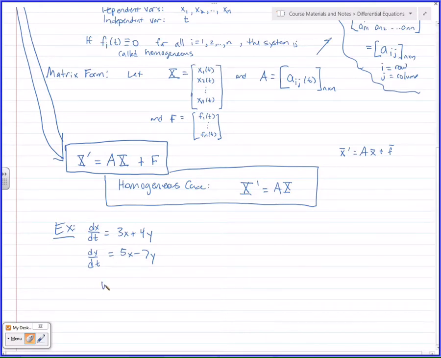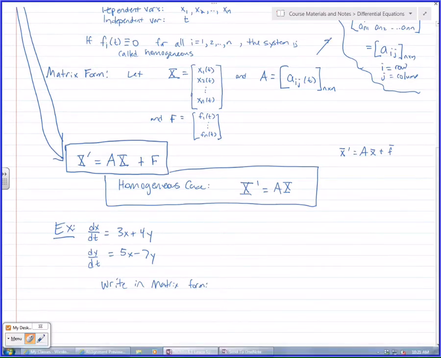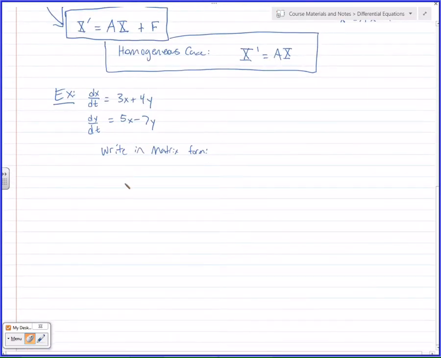I'm just going to write in matrix form. So, if I let X be the vector x, y, then matrix form looks like this.